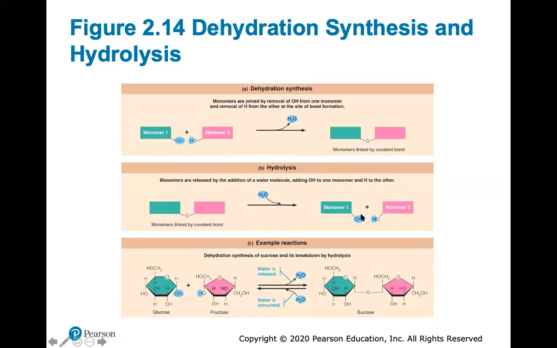This is an example reaction combining glucose and fructose, which are 2 monomer sugars. When we add them together, we create a disaccharide, meaning 2 sugars have been linked together. The special name when you combine a glucose and a fructose is sucrose.